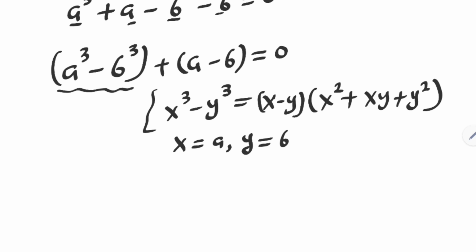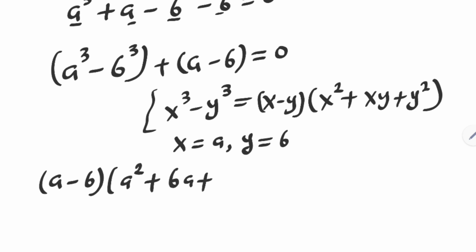So this can be written as a minus 6 bracket a square plus 6a plus 6 square bracket plus this a minus 6 is equal to 0.